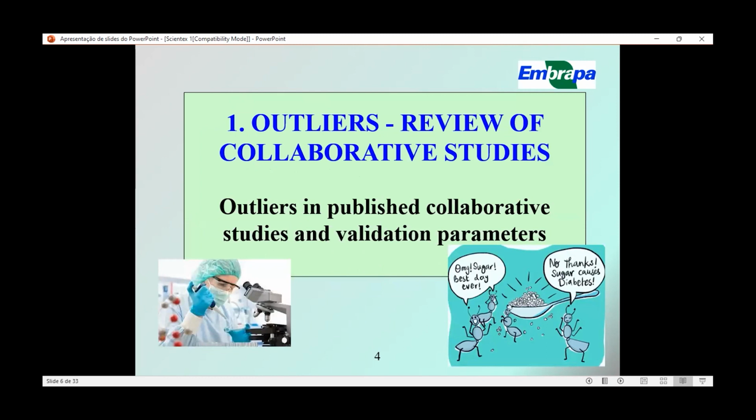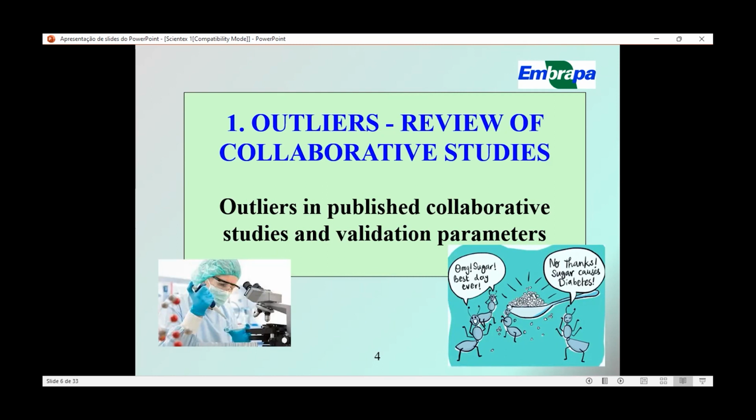One of the possibilities suggested is the existence of outliers. We can say that they are results which differ from the others, as you may have seen before. Could these values, in fact, interfere in the routine of laboratories? How much could they affect lab routine?